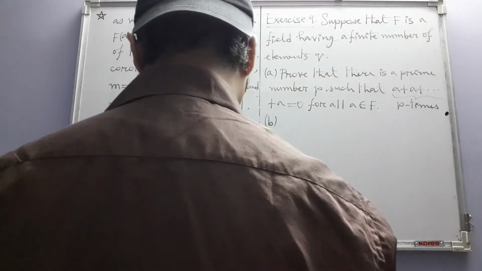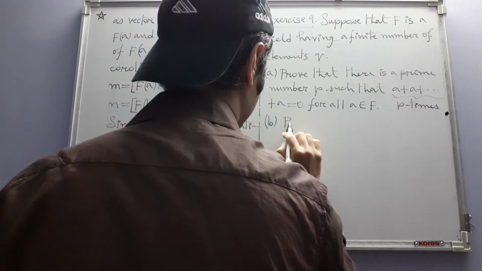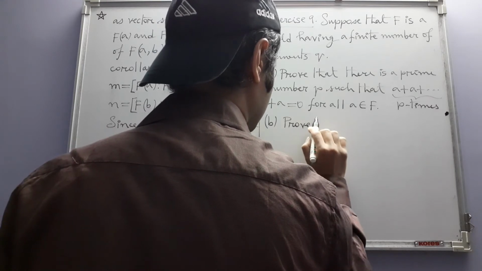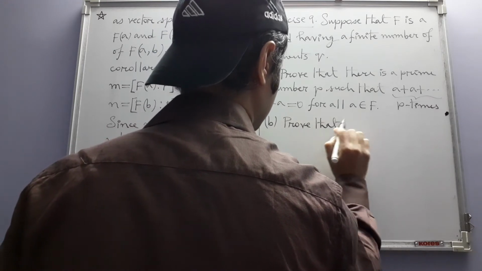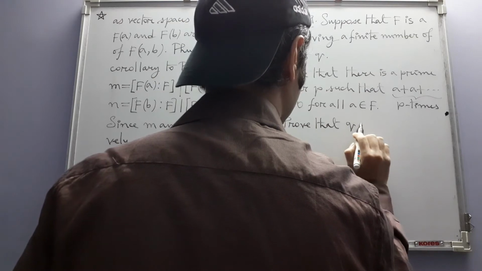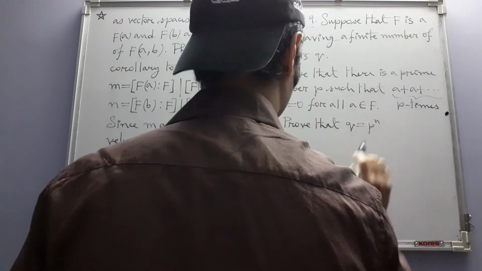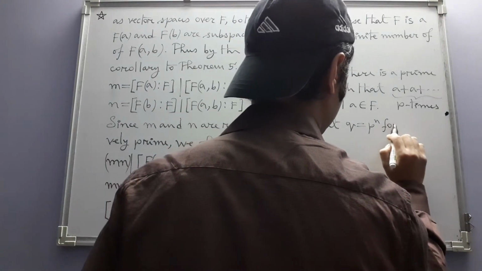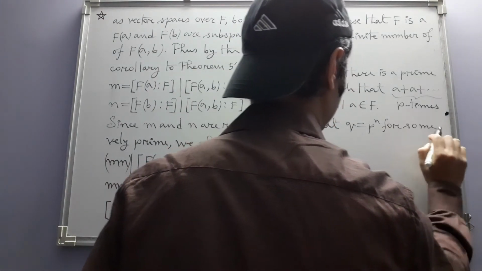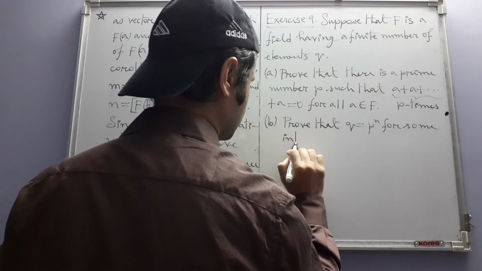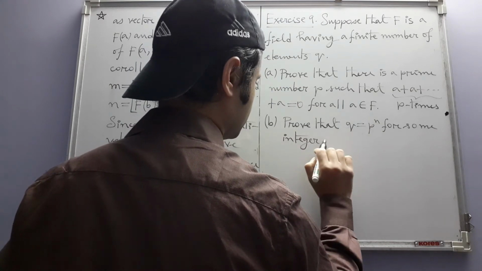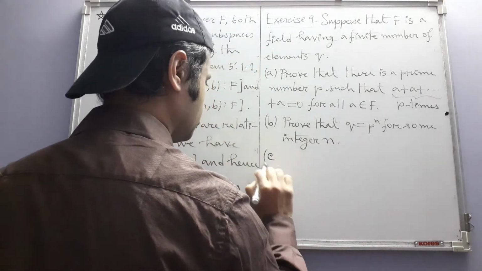Part B, prove that Q is equal to P to the power n for some integer n.